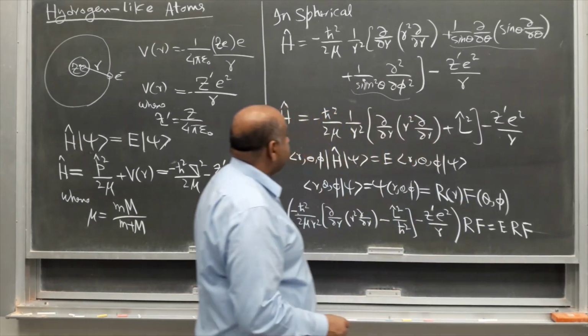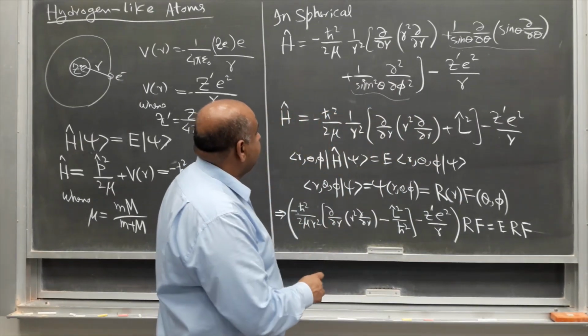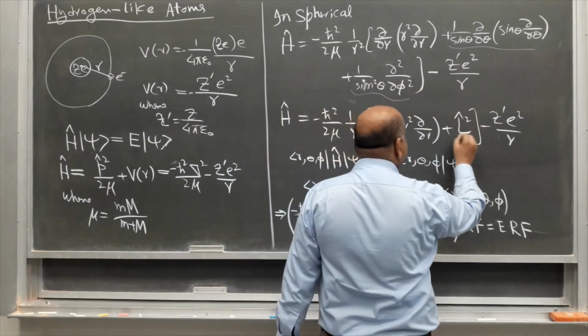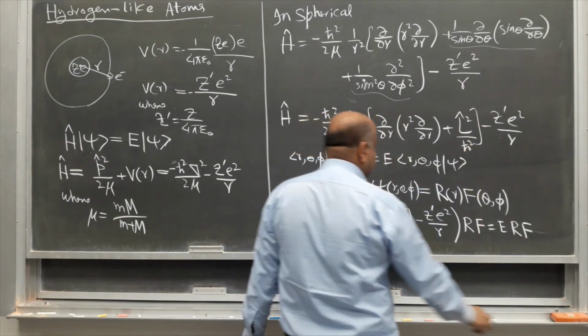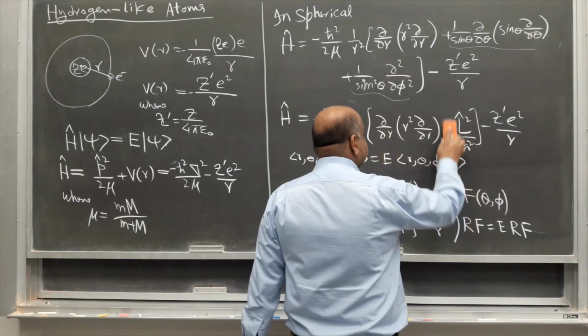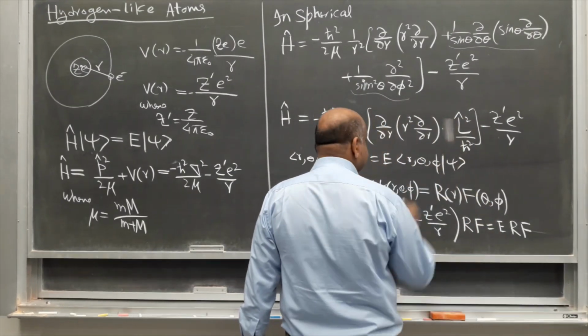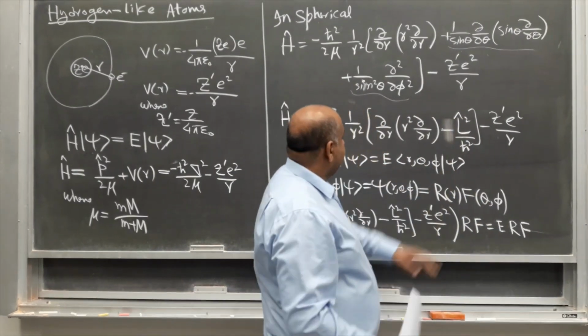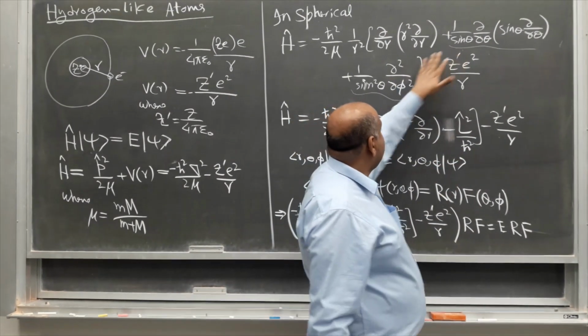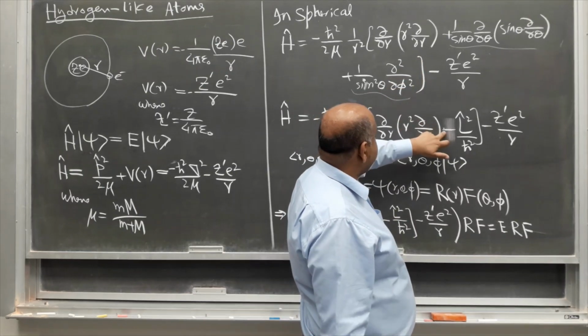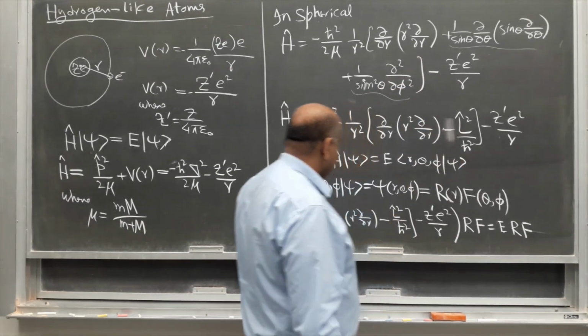Sorry, I made a mistake over here. This is equal to L square over h bar square, and with a negative sign, because the L square operator is actually equal to minus h bar square into all of this. So all of this is equal to minus L square over h bar square.